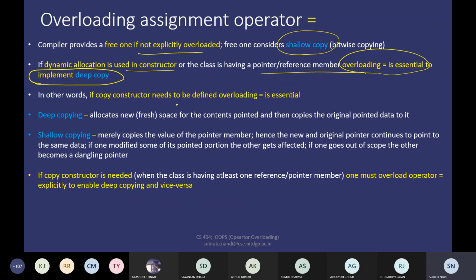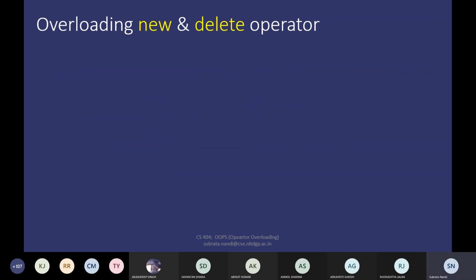In other words, if a copy constructor needs to be defined, overloading of this is essential. Both should go hand in hand. Deep copying and shallow copying, I think you can read on your own.